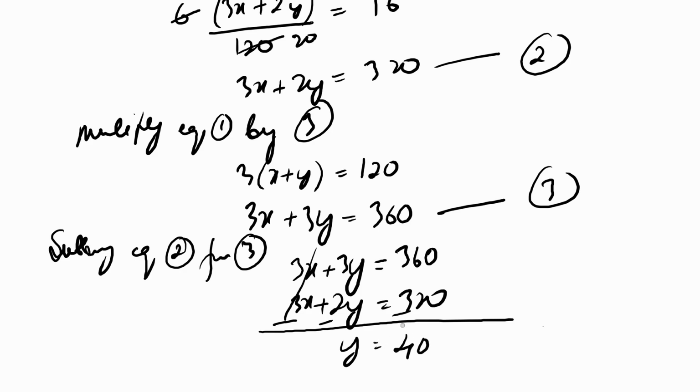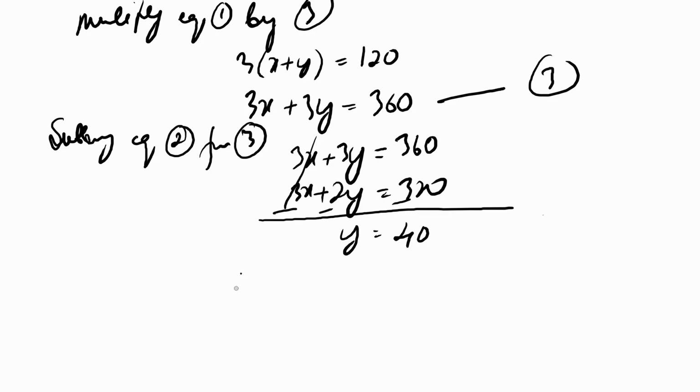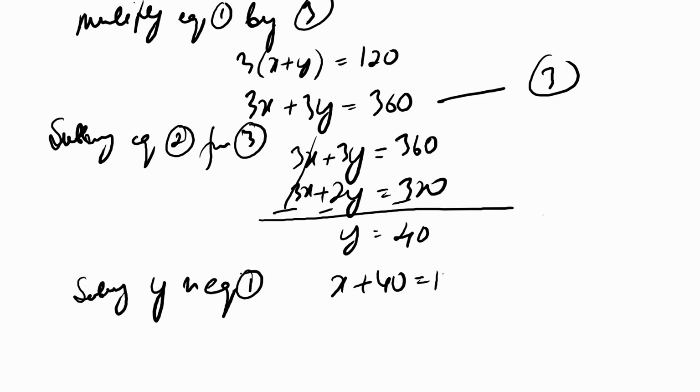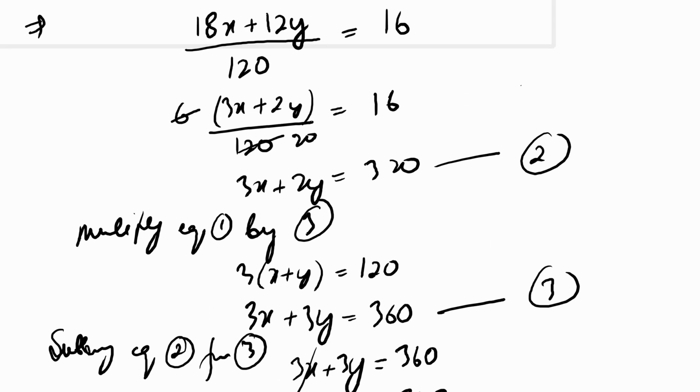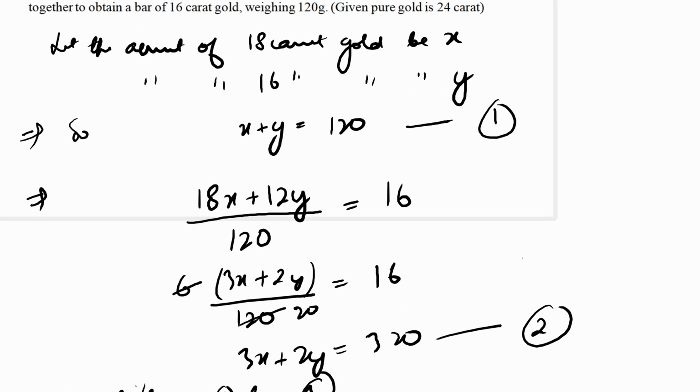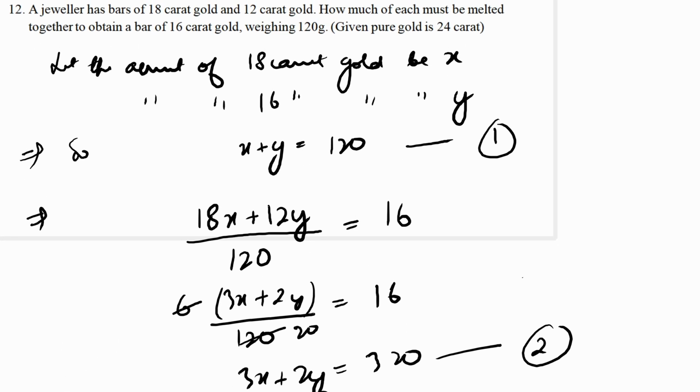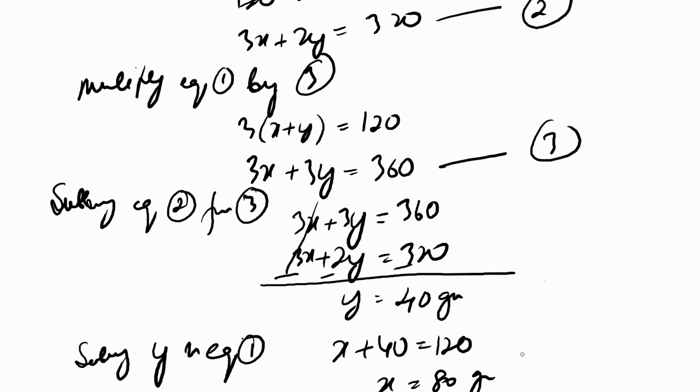So y will be 40 and x is, substituting y in equation 1. What was it? x plus 40 is equal to 120. That is x is equal to 80. So what is x and what is y? x is the weight of 18 karat gold and y is the weight of 12 karat gold.